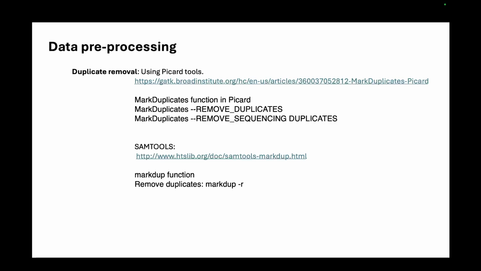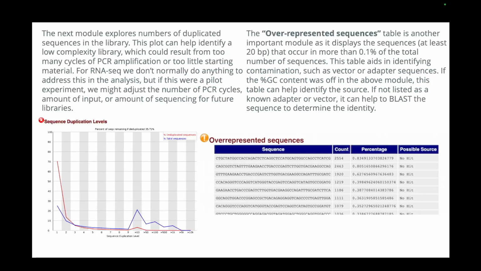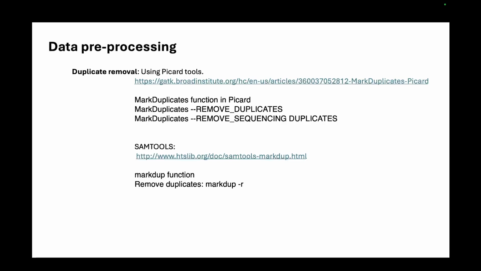Okay, so this was all about FastQC, and after you have done your data quality checks using FastQC, you understand what your quality of the data is, what your GC percentage of the data is, what the different aspects of your data are, basically how good your data is. After that, you need to do some simple pre-processing.